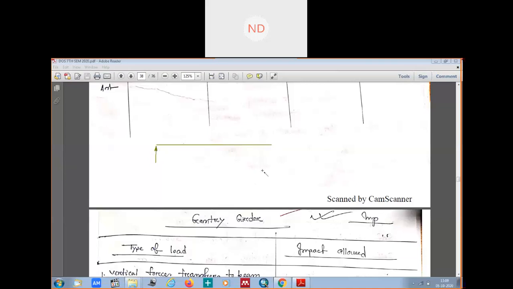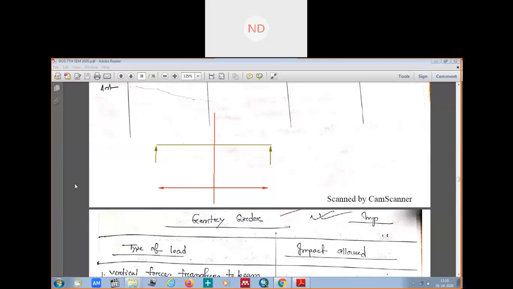The reactions were RA and RB, because we took the gantry girder ends to be A and B. If we give a straight line here, suppose this is the center.